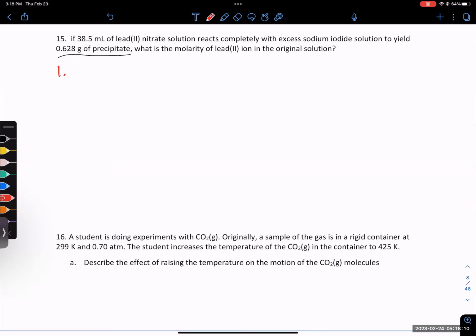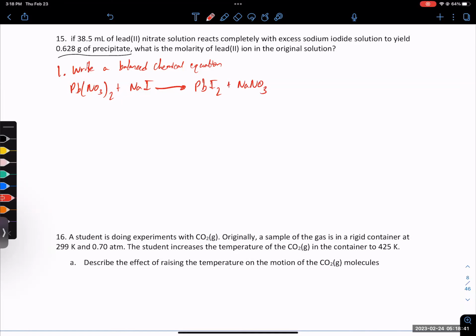Write a balanced chemical equation. So in this case, we're going to do Pb(NO3)2 plus sodium iodide makes PbI2 plus NaNO3.